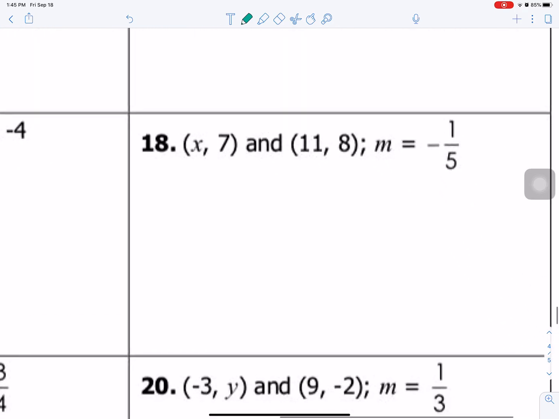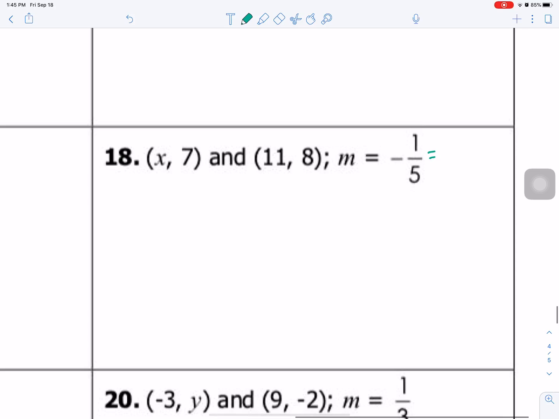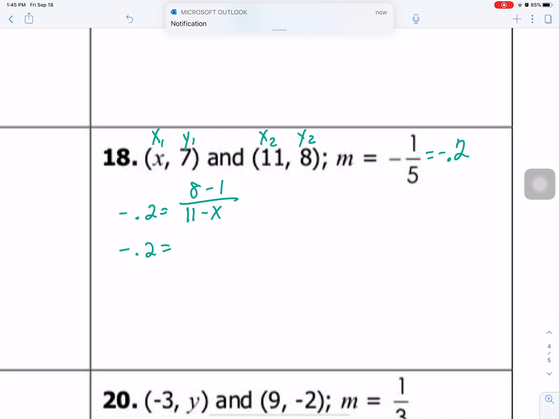Let's look at number 18. That one has a variable. We'll have a variable in the denominator. Simplifying out my slope to be negative 0.2, just dividing that into a calculator. x1, y1, x2, y2. So m equals, so negative 0.2 equals y2 minus y1 over x2 minus x1. Simplifying it up.